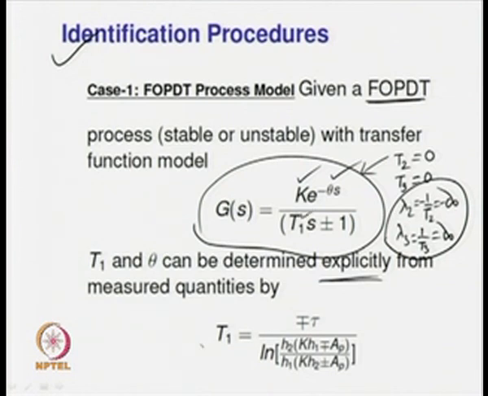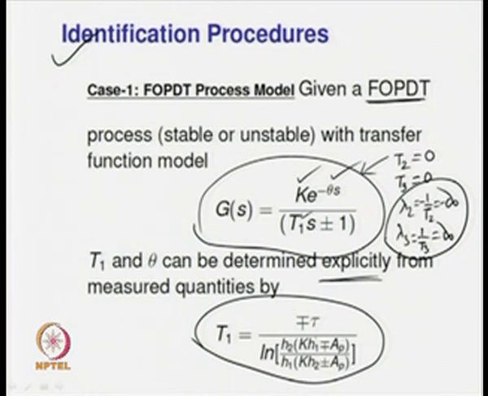Now, it is possible to obtain an explicit expression in terms of the measurements. I have found an analytical expression for T 1, which is equal to tau upon ln of (h 2 upon h 1 times k h 1 minus a p upon k h 2 plus a p).